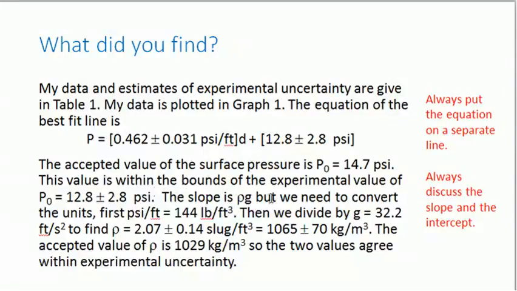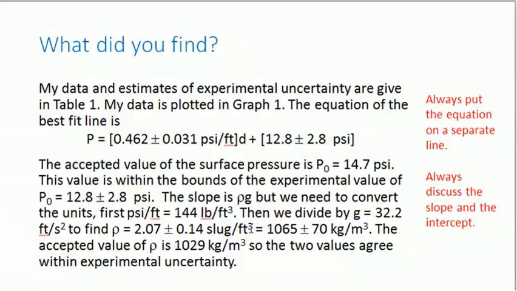The slope is rho g, but the units are funny. It's psi per foot, and psi is pounds per inches squared, and so there's 12 inches to a foot, so psi per foot is 144 pounds per foot, so you'd have to multiply this by 144. If you divide by g in feet per second squared, you get slugs per foot cubed.